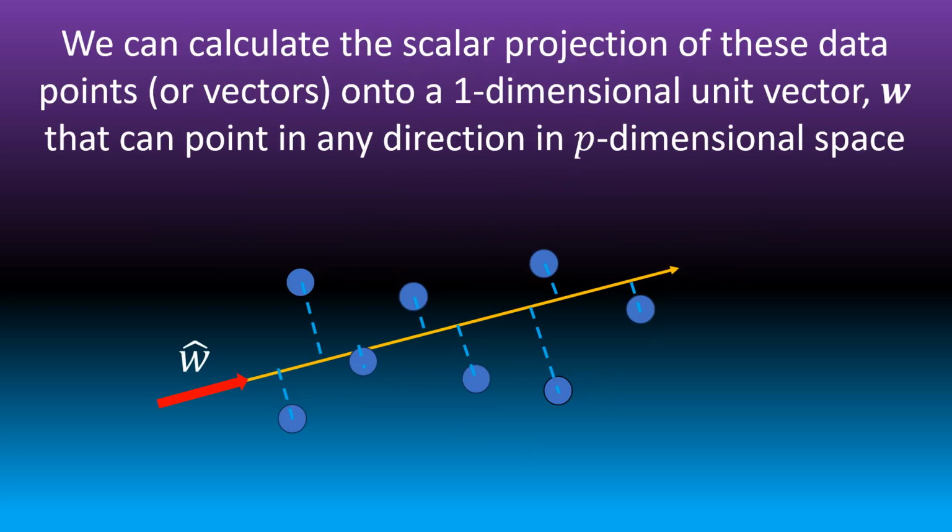So we can calculate the scalar projection of these data, where we have n data points, each one being p-dimensional. So we have a vector in p-dimensional space, and we have n of them. Each vector points to a data point. And so we're going to project each one of them onto a unit vector called w that can point in any direction in p-dimensional space.